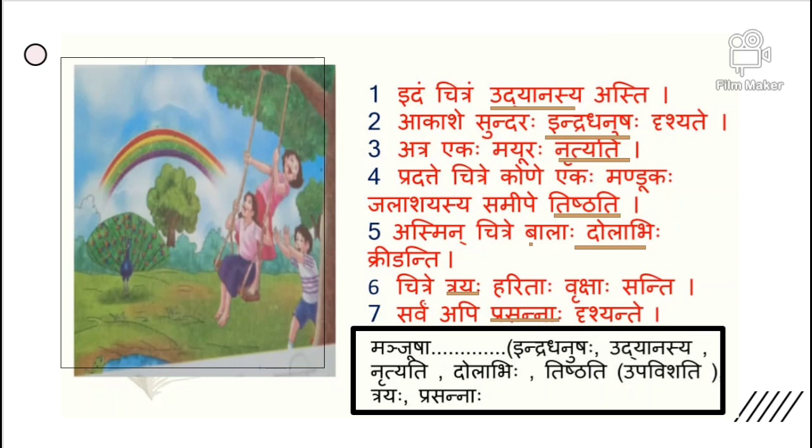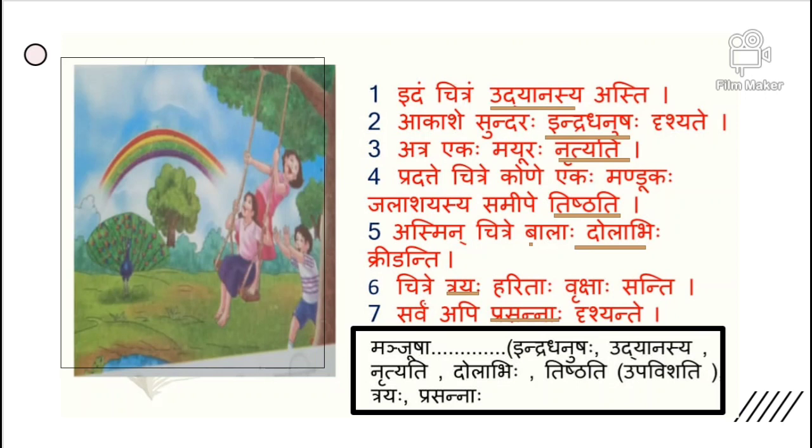Ekah mayurah nrityati. Fourth one, pradatte is used here. Chitre kone ekah mandukah jalashayasya samipe tishthati or upavishati. Here I have written tishthati. Then fifth one, asmin. Asmin shabda also used here. Asmin chitre balah dolabhih kridanti. Dolabhih is there in the Manjusha.